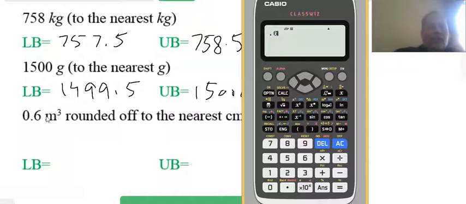When it is cube, you should multiply three times with the conversion factor. There are 100 centimeters in 1 meter, so we multiply this number by 100 three times. This number will become 600,000.